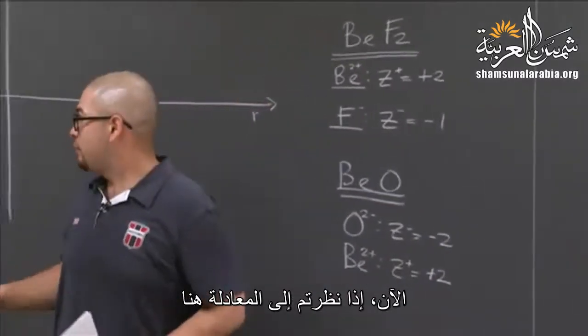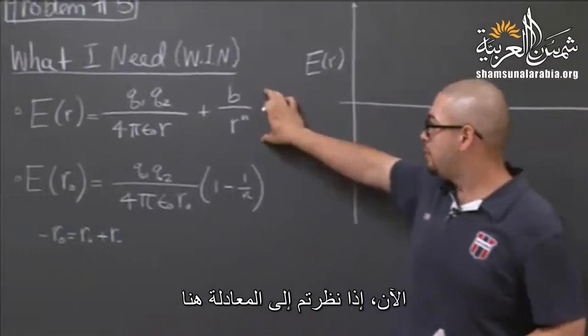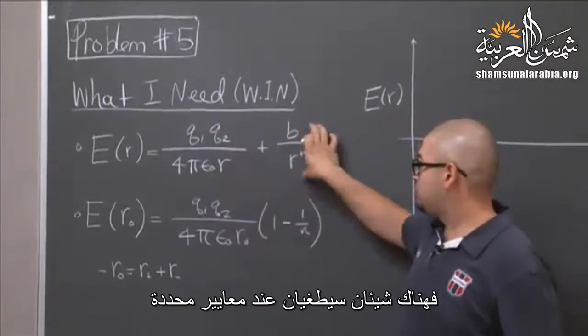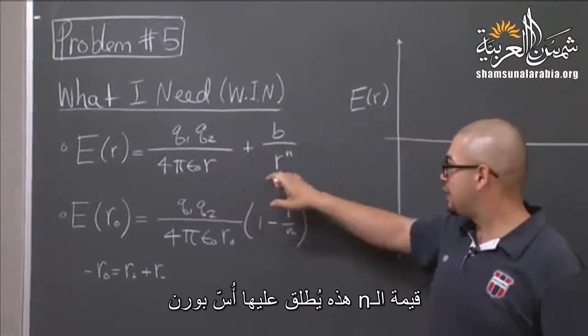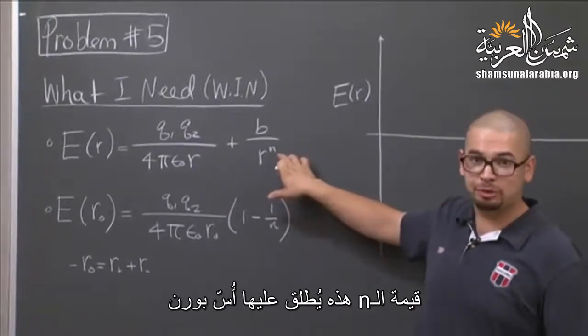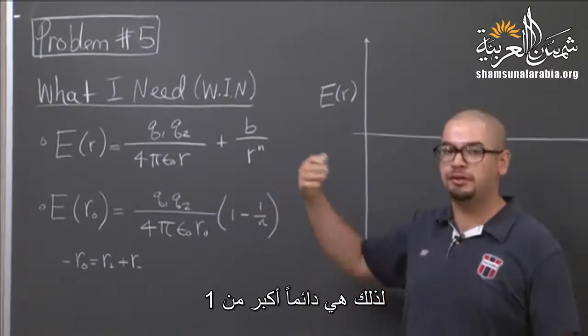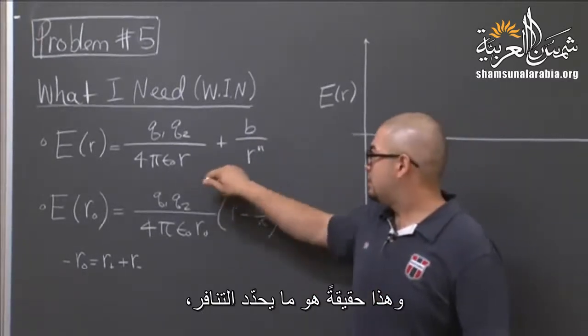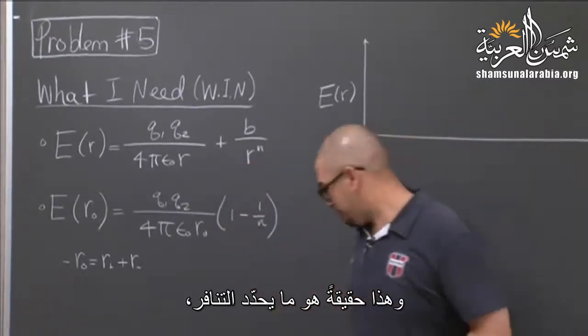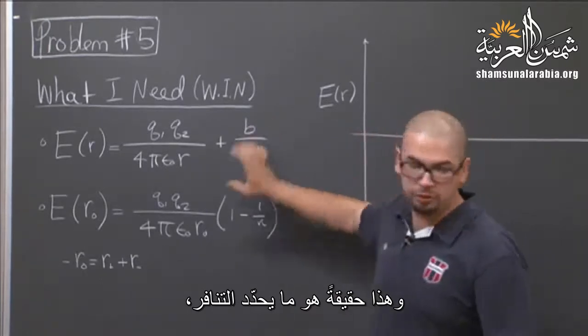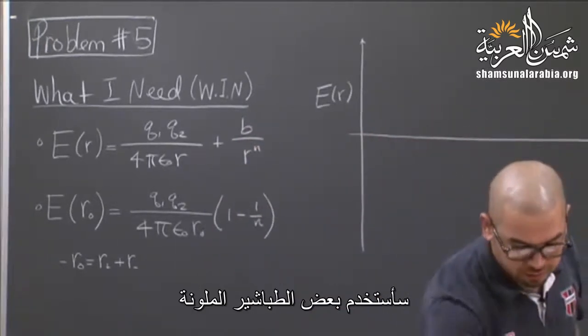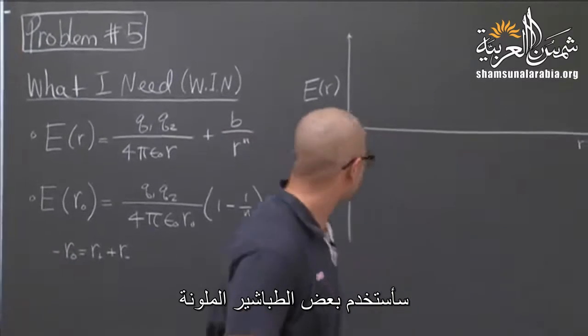Now, if you look at your equation over here, these two terms will dominate at certain parameters. The value of n is known as the Born exponent, and it has a value between 6 and 12, so it's always greater than 1. This is what dominates your repulsion. I'll use some colored chalk.